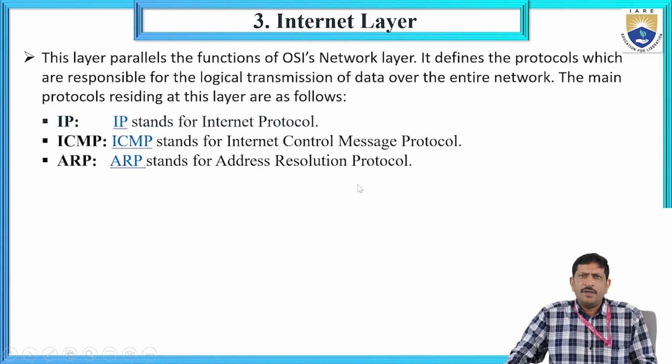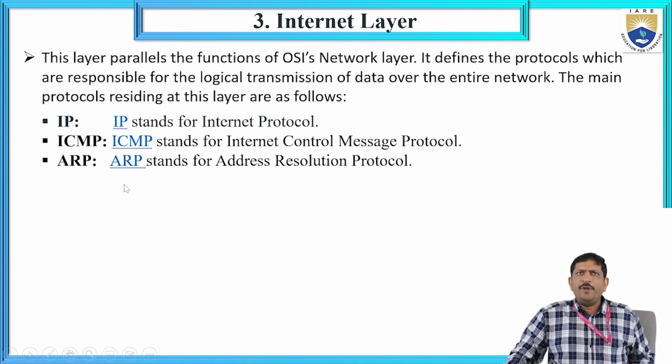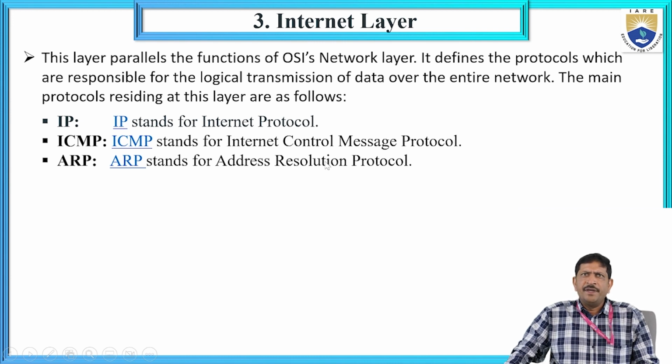The protocols residing at this layer are the IP protocol, ICMP protocol, and ARP protocol. IP stands for Internet Protocol. ICMP stands for Internet Control Message Protocol. ARP stands for Address Resolution Protocol.